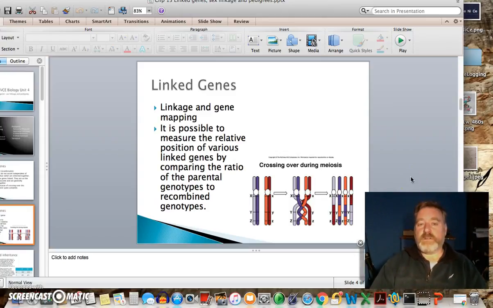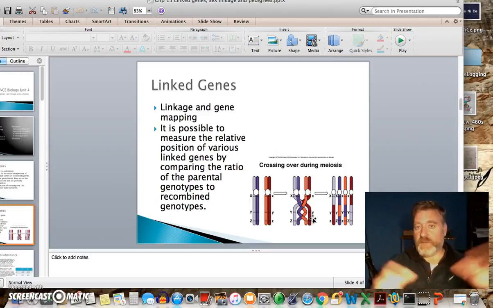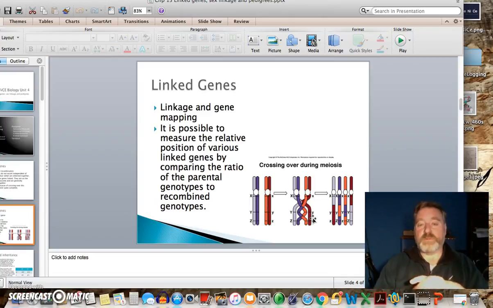That recombination creates the opportunity for much more variation. And this crossing over allowed us, for a long time, to map gene locations. When your course was written in 2006, people had stopped using gene mapping in this form with crossover recombinations, because the genome had been mapped and we thought we knew where everything is, we've got all the nucleotides. Then people thought, well, hang on, where are the genes?